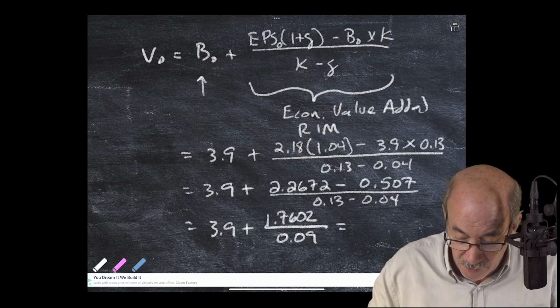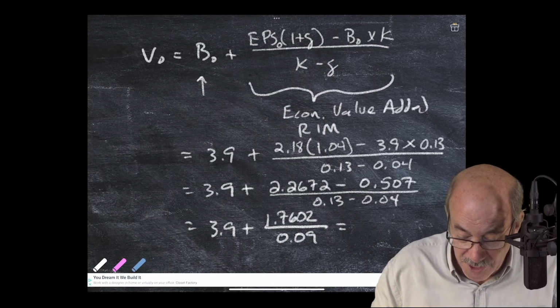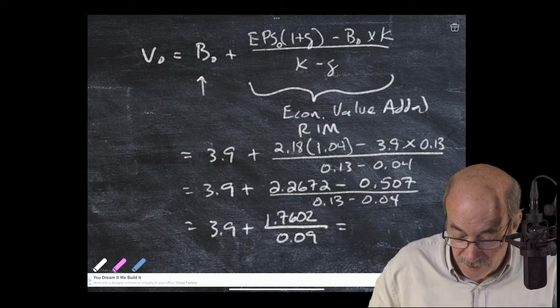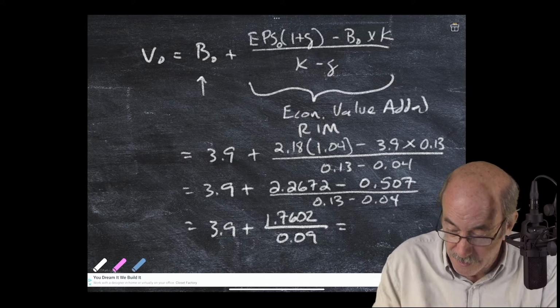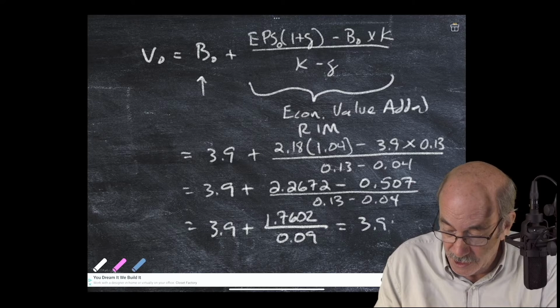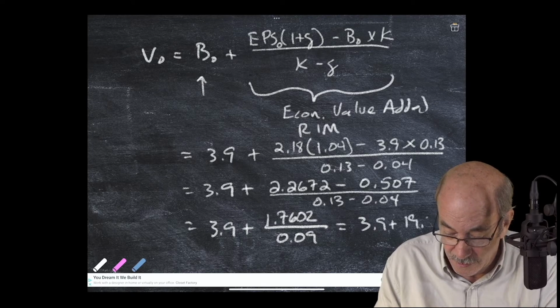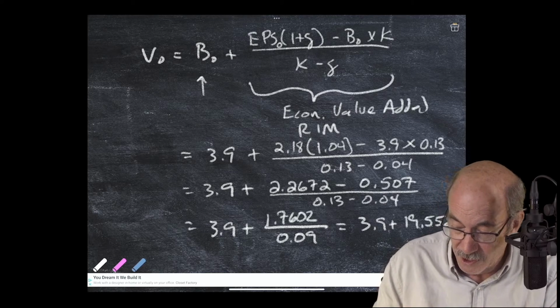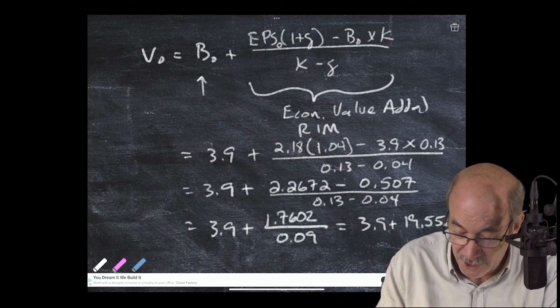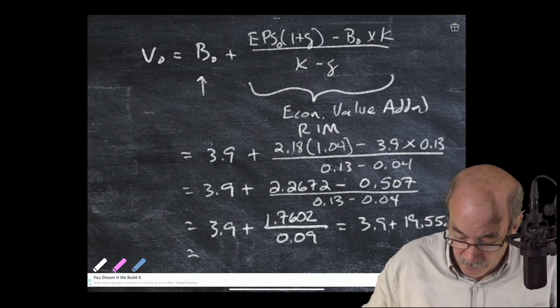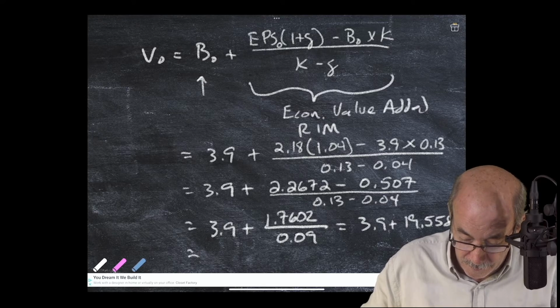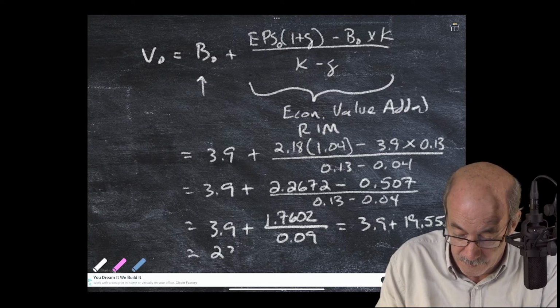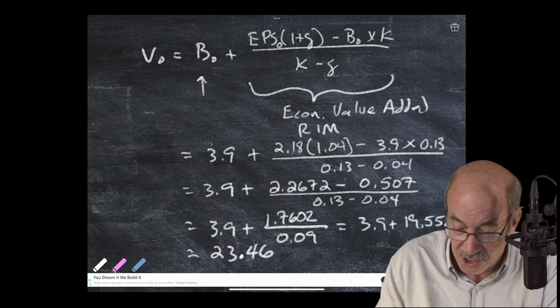That gives me, when I do that fraction, $19.558. So 390 plus 19.558, or $19.55 and 8 tenths of a penny. And so I end up with, I got 23.46 approximately.